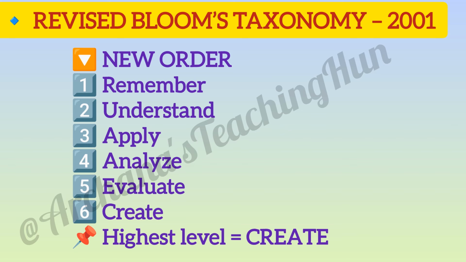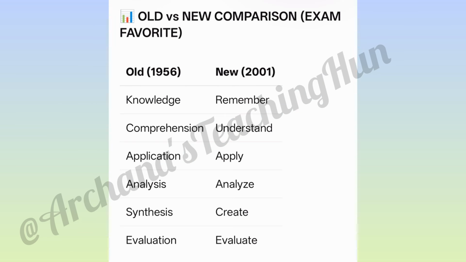Highest level: create. Old versus new comparison. Old 1956, new 2001. Knowledge becomes remember, comprehension becomes understand, application becomes apply, analysis becomes analyze, synthesis becomes create, and last evaluation becomes evaluate.